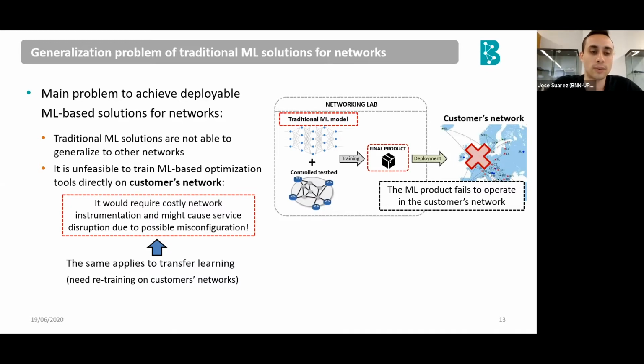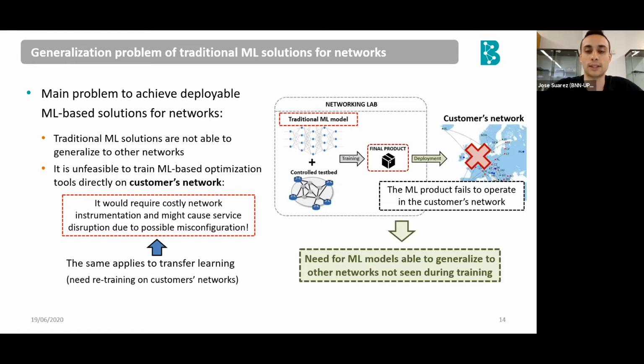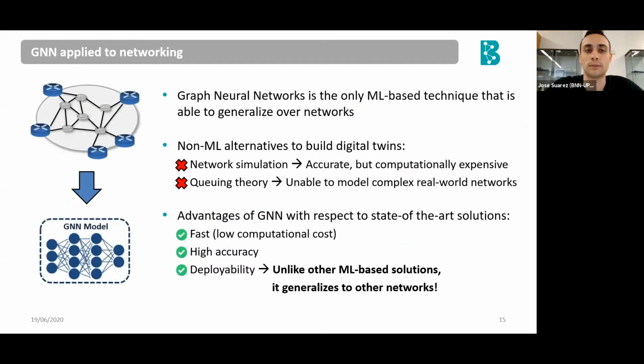And also some alternative approaches such as transfer learning that try to address this issue are not applicable to this particular use case, since they need to be retrained also on the customer's network. So from this brief discussion, I would like to highlight the importance of having machine learning models that are able to generalize to other networks that were not seen during the training.